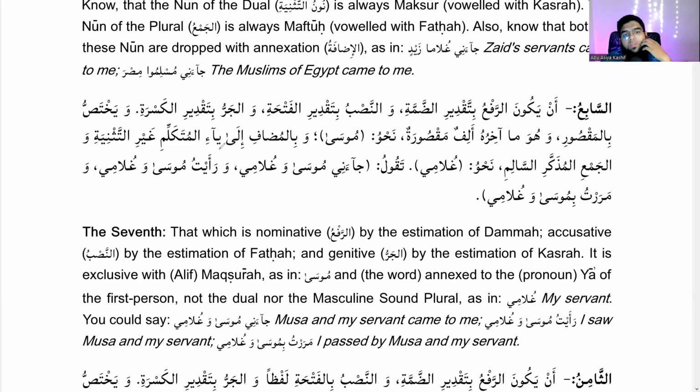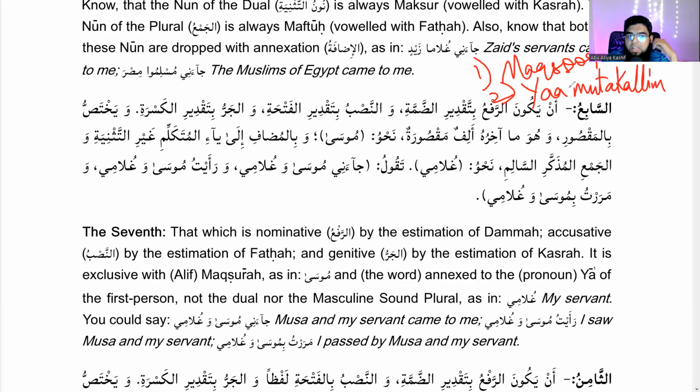And the second case. The first case is the maqsoor noun, where you cannot see it. The second is the noun attached to the ya of the speaker, like kitabi, ghulami, but not the dual and not the sound masculine plural, because we learned those already.